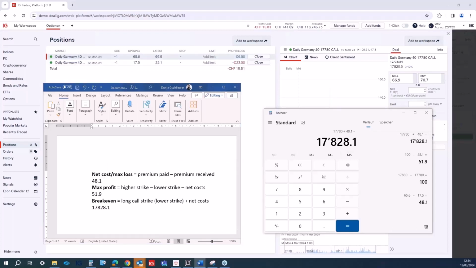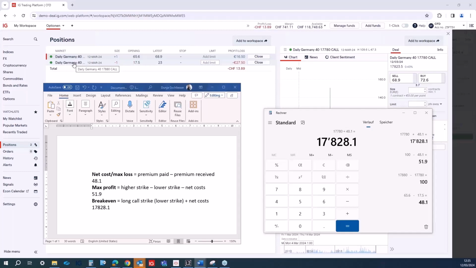So here, just to wrap up, a bull call spread benefits from two factors: a rising stock price and time decay of the short option. A bull call spread is the strategy of choice for you when your forecast is for a gradual price rise from the market price to the higher strike of the short call.